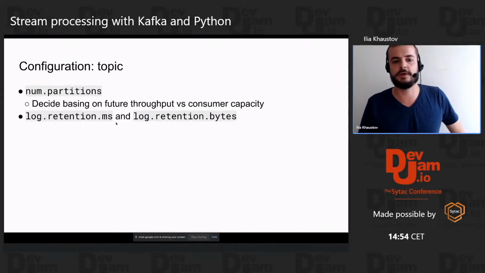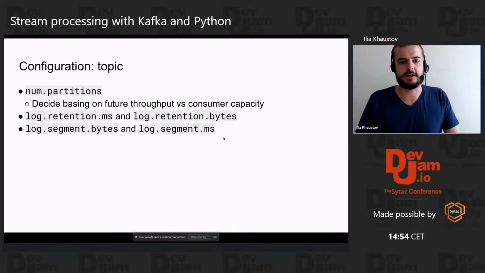And that's how we can decide when it is deleted and how much one partition can take. So for example, if we define this as 1 gigabyte, we have 10 partitions, then topic will weigh at least 10 gigabytes. So it's good because you can calculate how much your infrastructure will cost and so on.